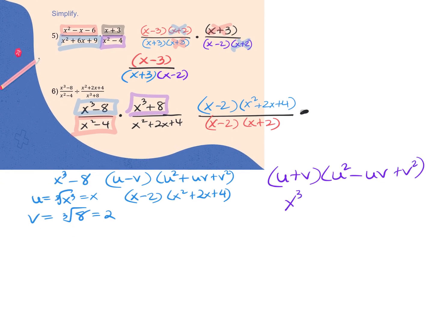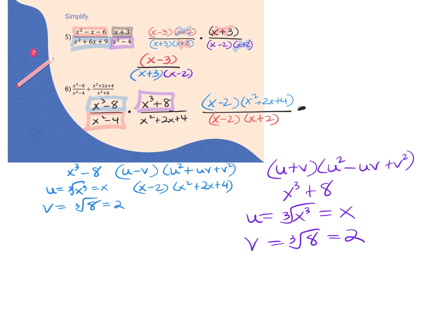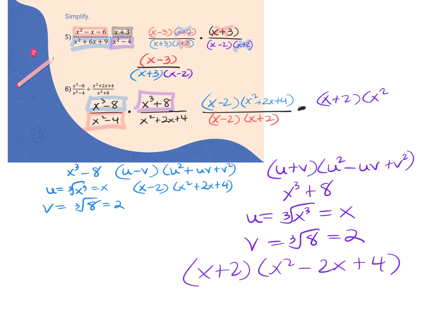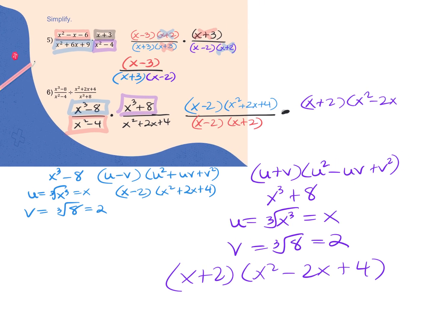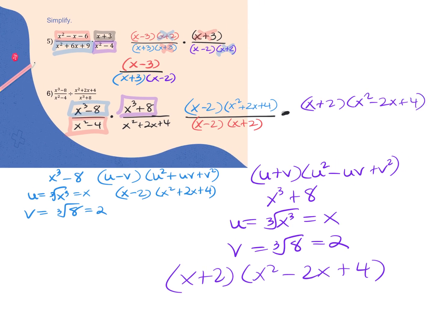So x cubed plus 8, we're going to get our u value by cube rooting x to the third, which gives you x, the v value, cube root 8, and you get 2. So now let's put it into the pattern. So x plus 2, square the x, opposite sign, multiply that u and v, and then the v squared. So that's my numerator. X plus 2, x squared minus 2x plus 4.